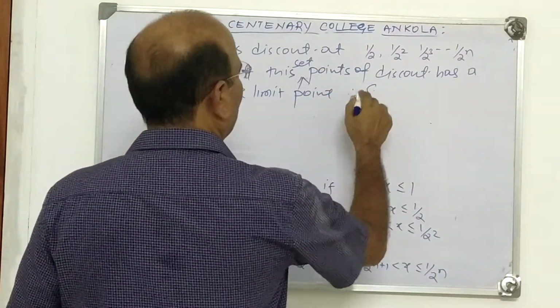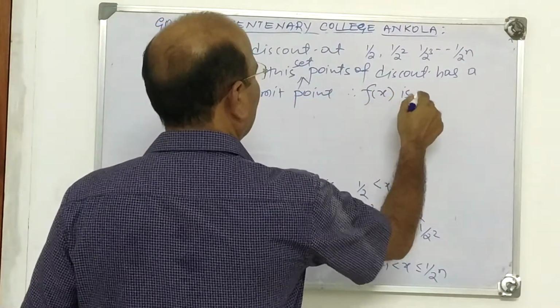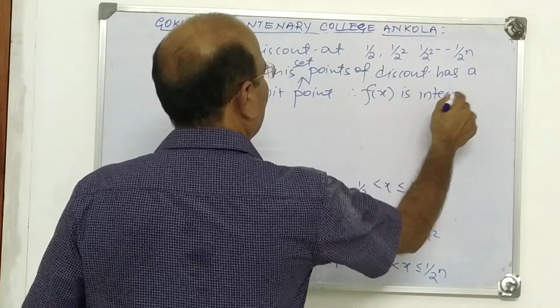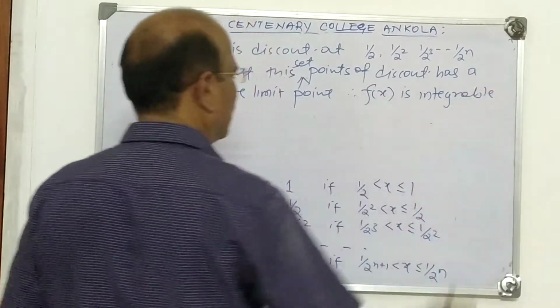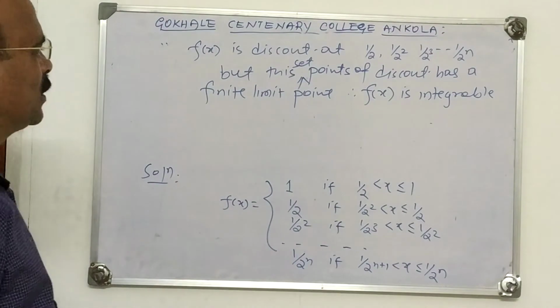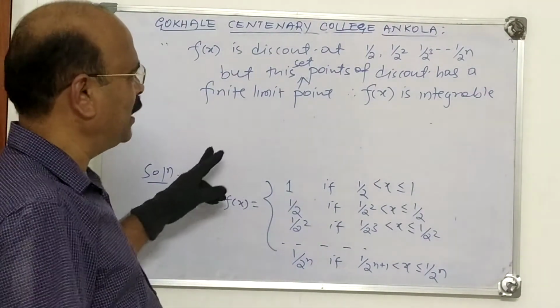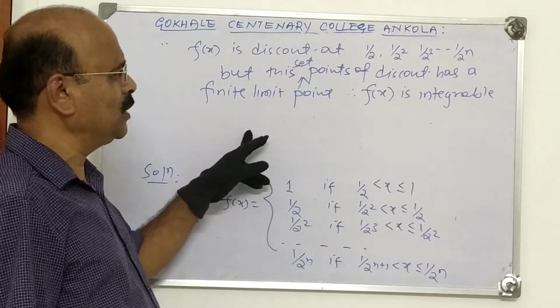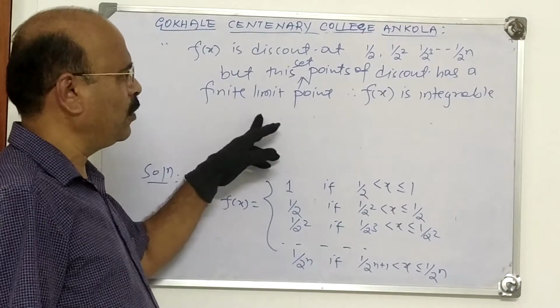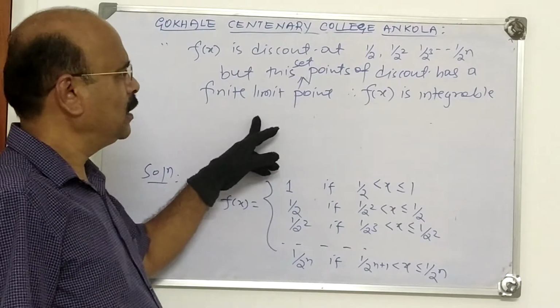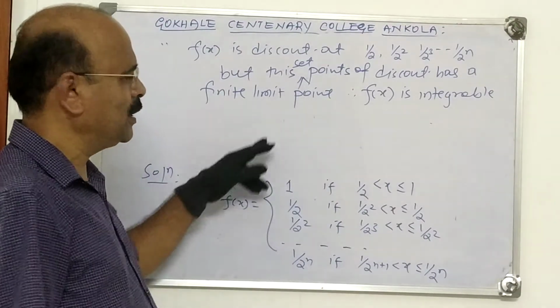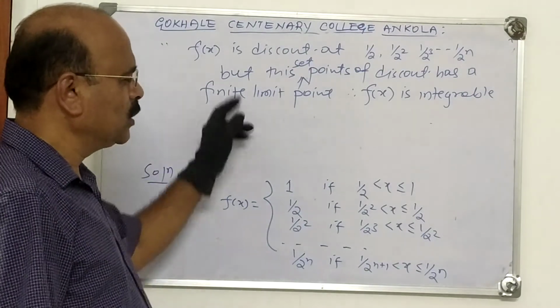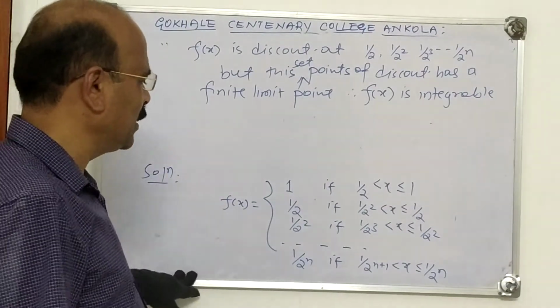Therefore, f(x) is integrable. So we have proved this theorem: if f(x) has infinite discontinuities, but the set of points of discontinuity has a finite number of limit points, then it is integrable. Using that property, it is integrable.